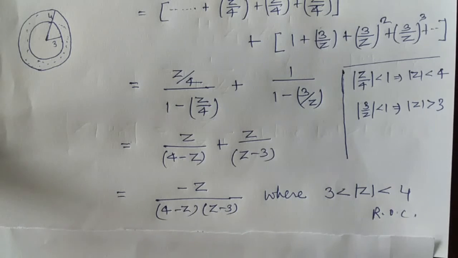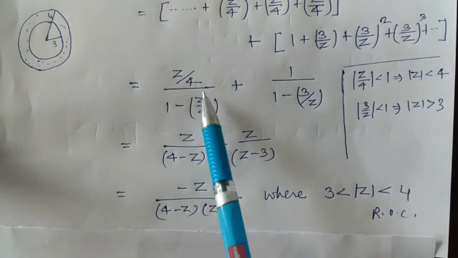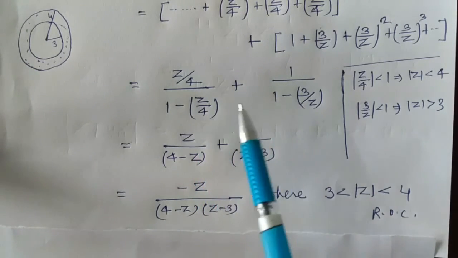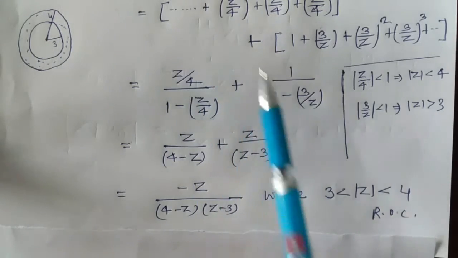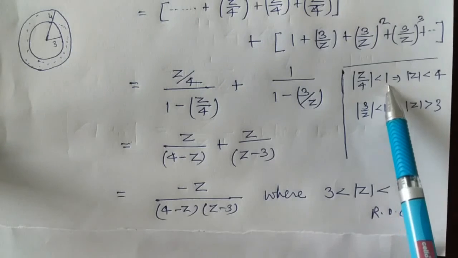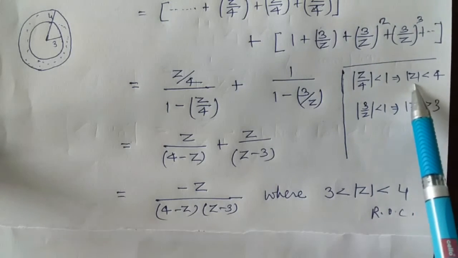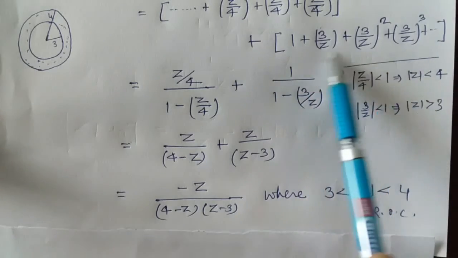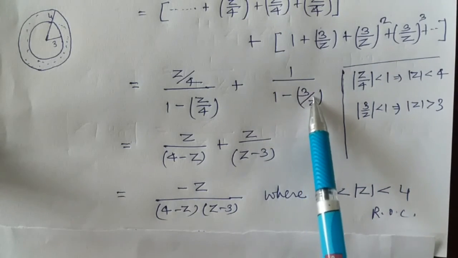Now for the region of convergence, as we know, the modulus of the common ratio r should be less than 1. For this series the common ratio is z/4. Therefore for convergence of this series, the modulus of z/4 should be less than 1, which implies mod z is less than 4. And for the second series the common ratio is 3/z.